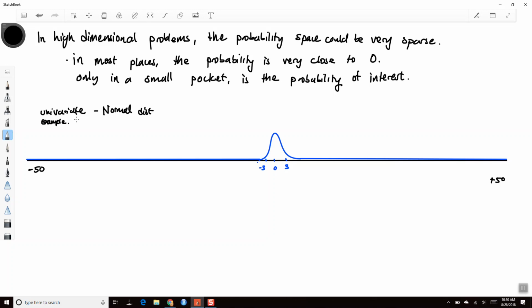Your estimate will converge very poorly, because pretty much everywhere you draw a value, at -35 and +10 and all of these, the estimate is going to be very close to 0. It's only when you get in this small region, about 6% of your values, that you get anything of interest.